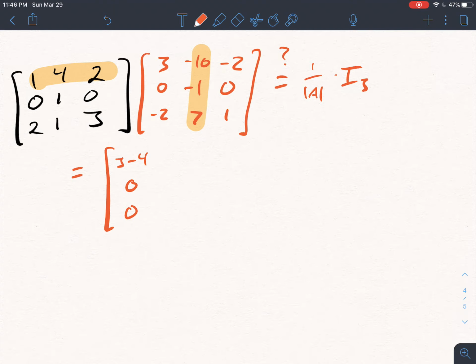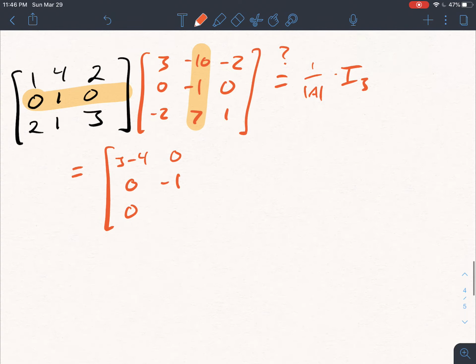I should get negative 10 minus 4. That's negative 14, plus 14, plus 2 times 7, that's 0. Next one will be 0 plus 1 times negative 1 plus 0. And then 2 times negative 10 is negative 20, minus 1, negative 21, plus 21 is 0.